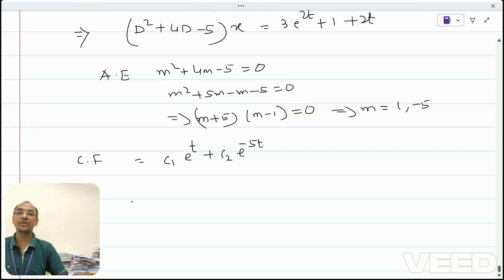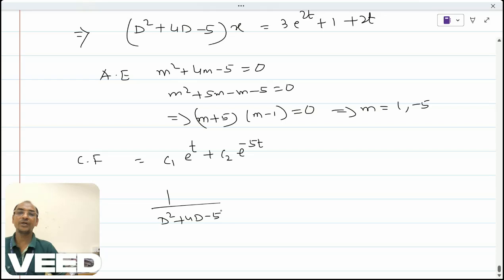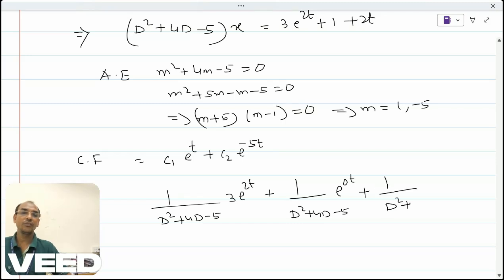PI for x is 1 by D square plus 4D minus 5 of 3 e to the power 2t, plus 1 by D square plus 4D minus 5 of 1, which means e to the power 0 into t, plus 1 by D square plus 4D minus 5 of 2t.